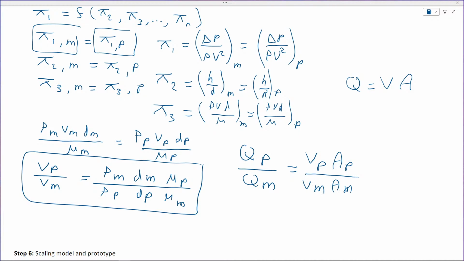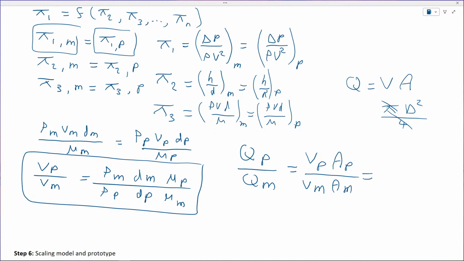And area, remember, is pi d squared over 4.